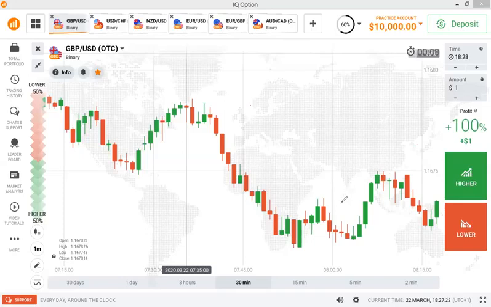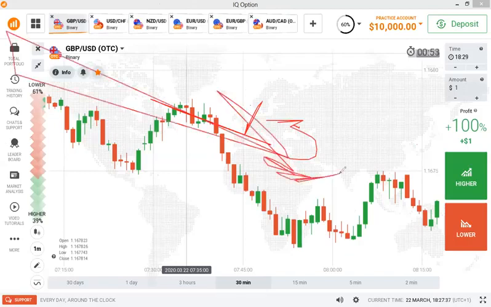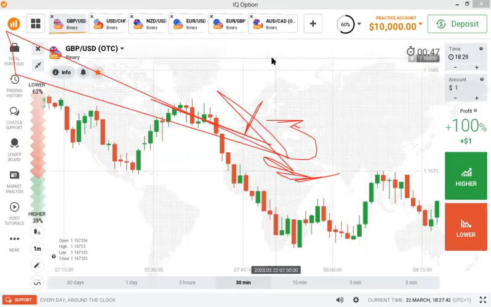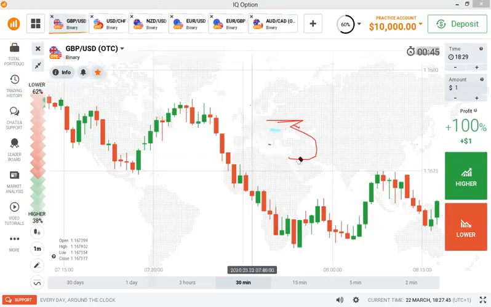In this type of situation, when you want to predict the next candle, I told you that the first thing you do is check the trend.